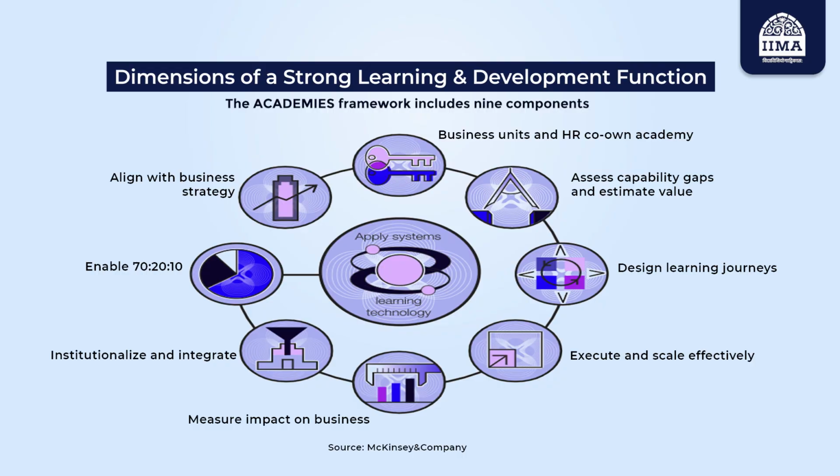We spoke about some of the elements that you can think about when you are creating an organization, or more specifically, a learning organization. And finally, we spoke about 9 dimensions that you need to have in your organization to create a strong learning and development function.